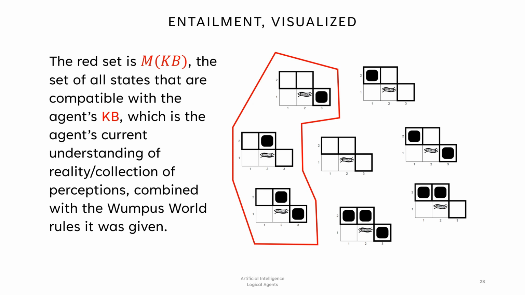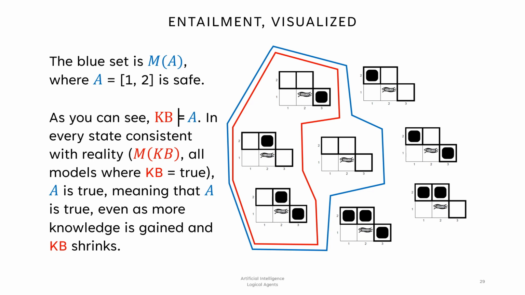That leads us to some pretty easy inferences regarding other scenarios. Let's say we have a sentence A equals the space 1, 2 is safe. I'm not exactly seeing what space that would be.